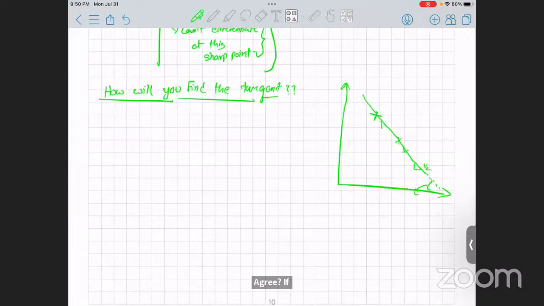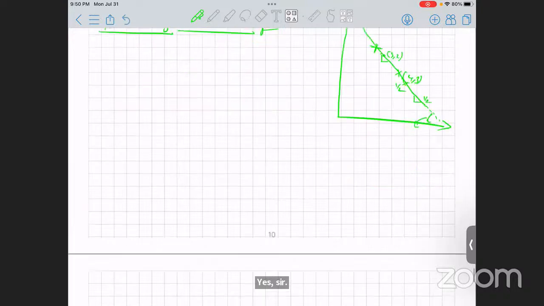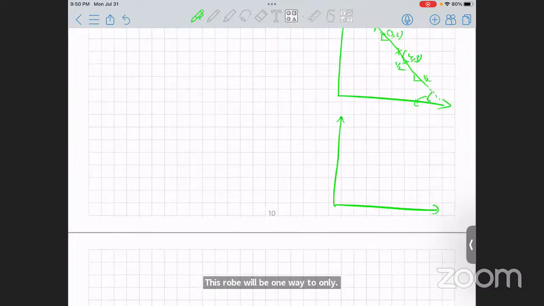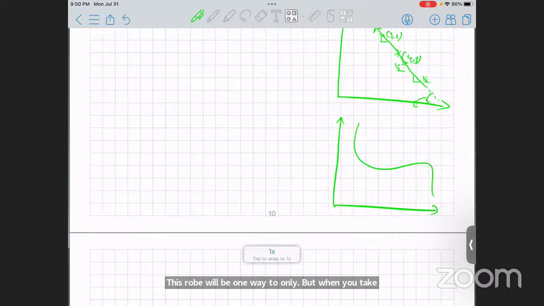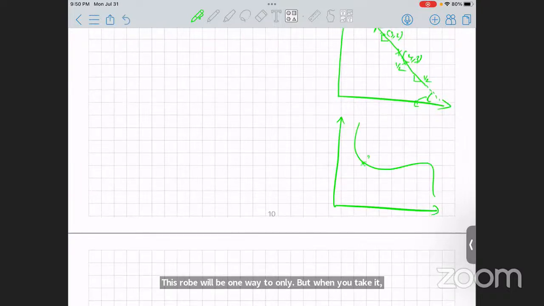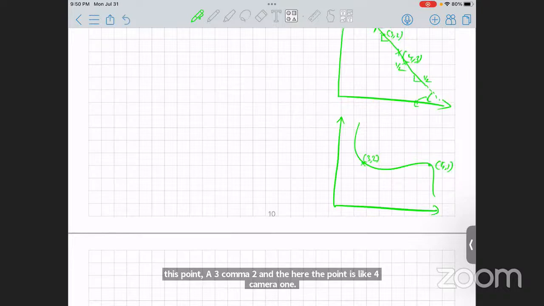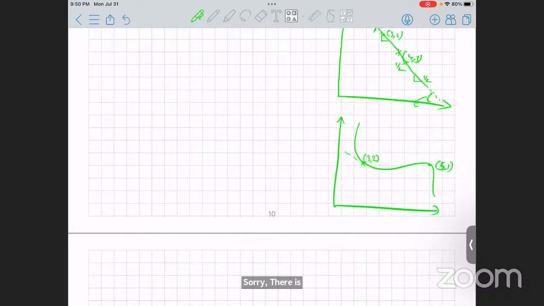At the point 3,2 or 4,3, the slope will be 1/2 only. But when you take a curve and find the slope at this point and at another point, there is a drastic change. The tangent is like this and the tangent is like this. So, sir, there is no significance of tangent in a straight line?